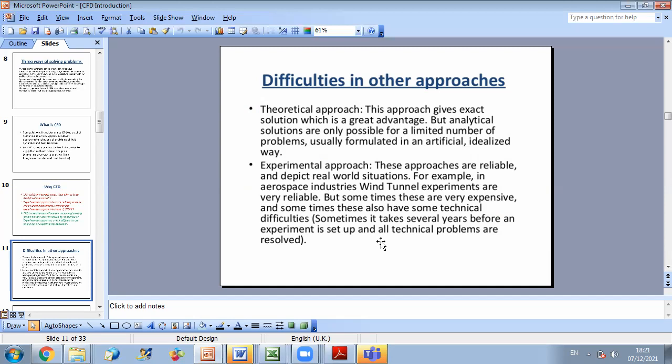At the final stage, we should test the real prototype. So when it comes to designing a car or airplane, at the end we do some tests on the final design, and this requires a lot of time. Okay, so CFD can help us to reduce this time by conducting parametric studies through CFD.